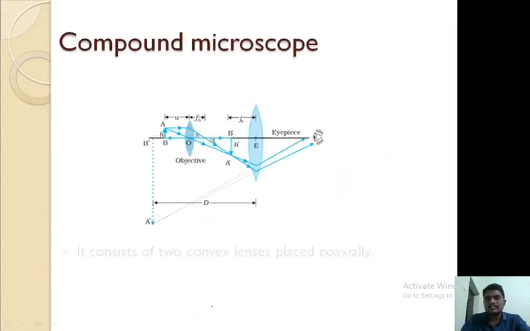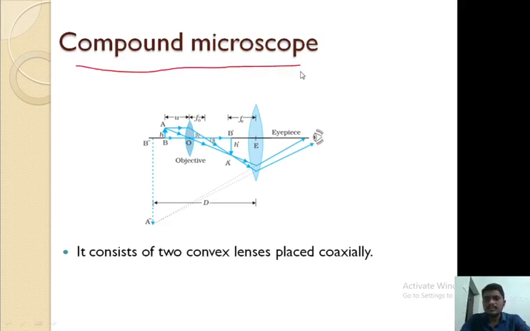Next, for larger magnifications we use a combination of lenses. Here this is the simplest compound microscope. It uses two lenses. In complex microscopes, there may be more than two lenses.